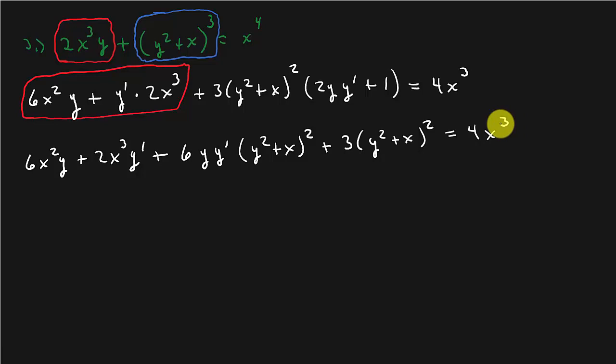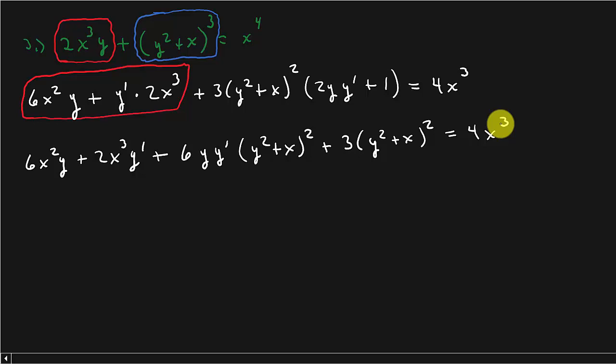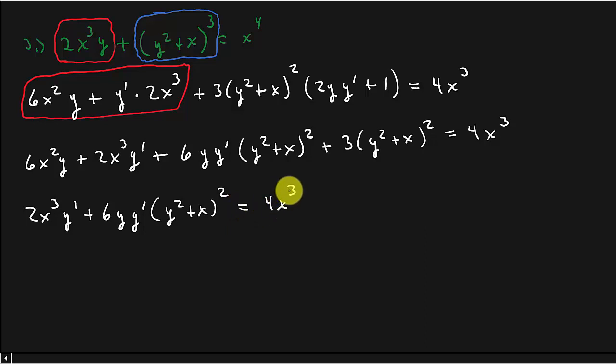All right. So let's see what we can do now. I think now let's just go ahead and move everything that doesn't have a y prime to the other side. So I've got 2x cubed y prime plus 6y y prime times y squared plus x squared equals 4x cubed. Now I'm going to move this over, so that's minus 6x squared y.